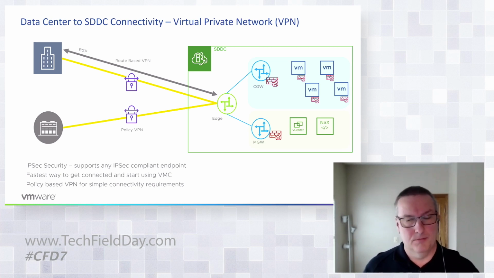Because it is IPsec, any IPsec compliant endpoint can be an endpoint. We've got a whole slew of encryption options and IKE methods, so we've got very large compatibility from that standpoint.